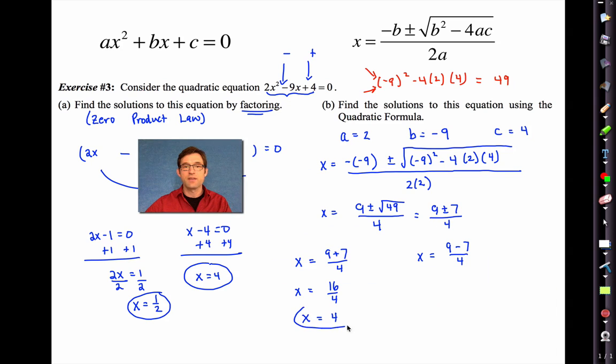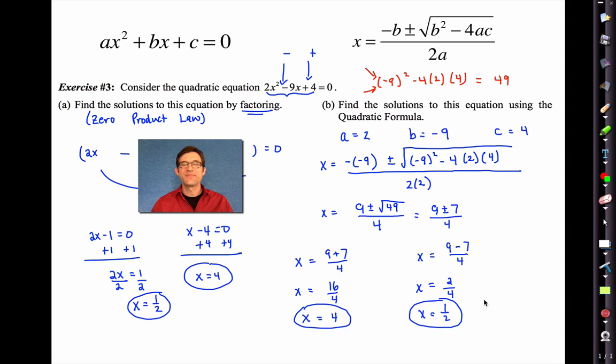Hey, look at that, x equals 4. When we do 9 minus 7, we get 2. Now be careful. 2 divided by 4 is not 2, it's 1/2. And there are our two answers, x equals 4 and x equals 1/2.